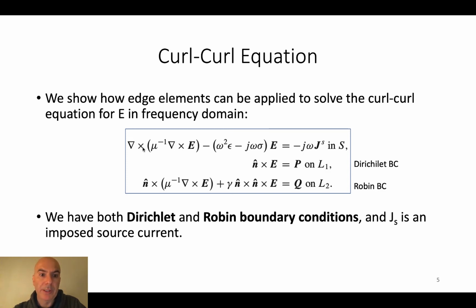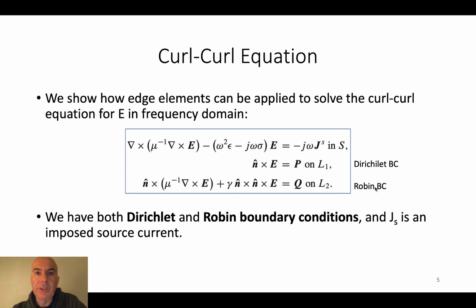Together with the governing equation, this curl equation in the frequency domain, we have two boundary conditions. One is a Dirichlet boundary condition on the surface L1, and then we have a second boundary condition that is called the Robin boundary condition on the surface L2.